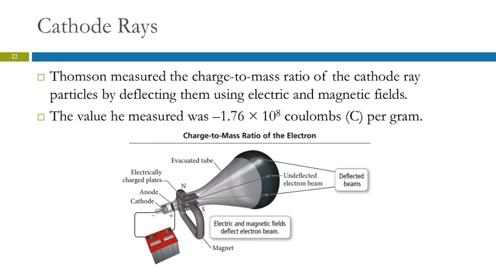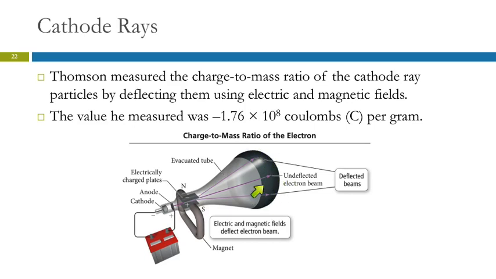So Thomson's studying these cathode rays, and he was able to measure the charge to mass ratio by deflecting them. So here's a different shape of a CRT, and here's the cathode.